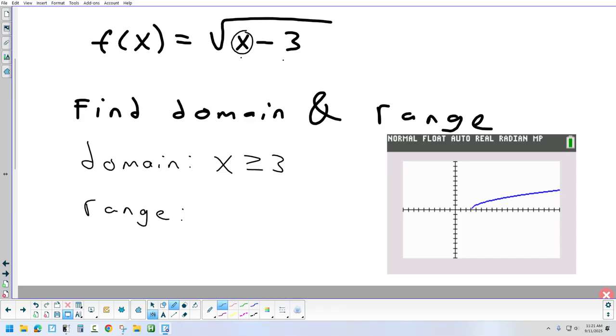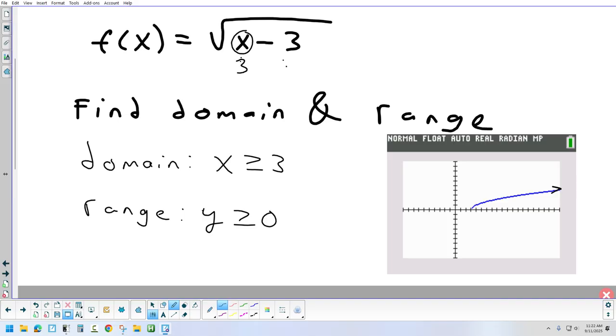This just keeps going. Remember, if it's a parabola, it's just going to keep getting wider and wider, even though it's only half a parabola. So the range is every number from 0, and the graph is going to continue up forever. And that's how you would write the range. How would you know it's 0? Well, one way I know it's 0 is if I look at my domain and I plug in 3.